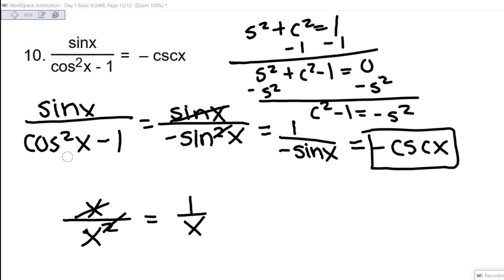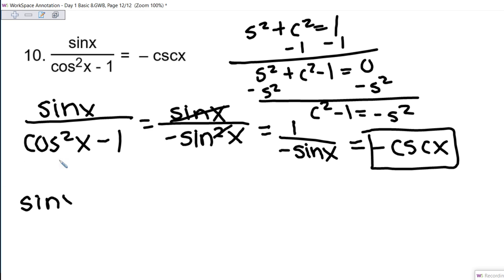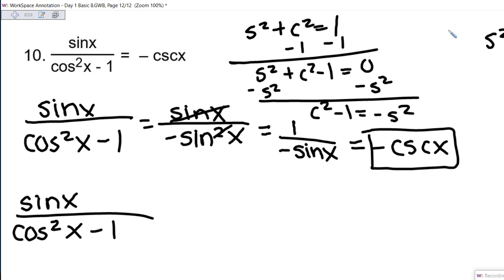Now, was that the only way to work that problem? No. With equations, there's more than one way to get to the correct answer. So let me show you one more method because I think some of you might have used it. If I have sine squared plus cosine squared equals 1, I know that cosine squared is equal to 1 minus sine squared.